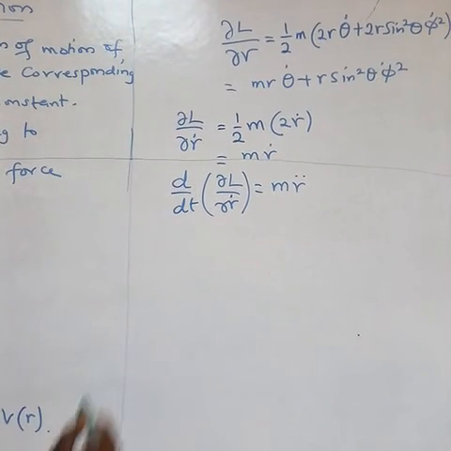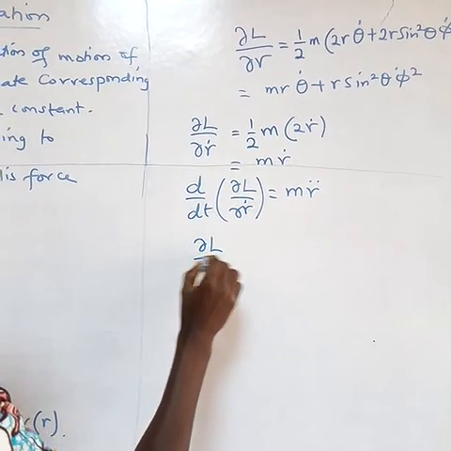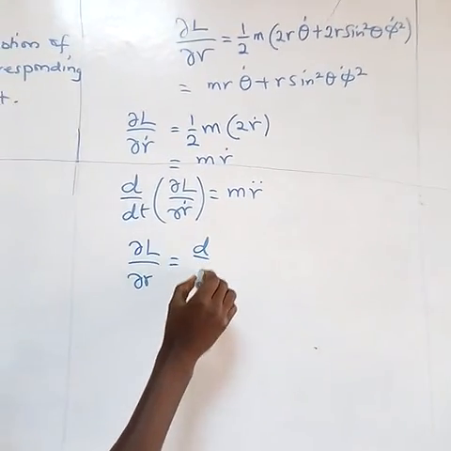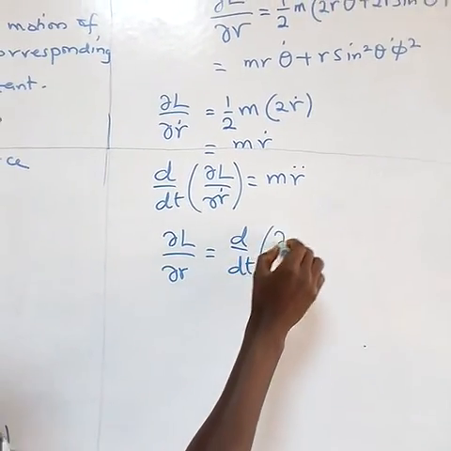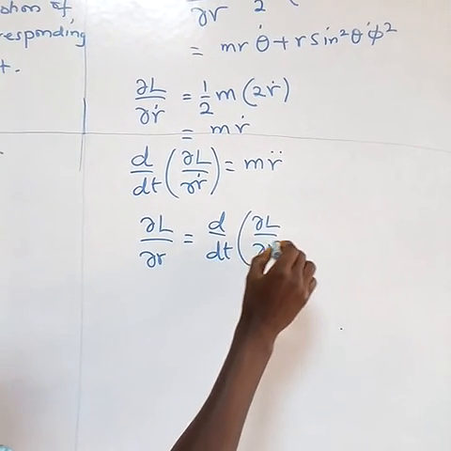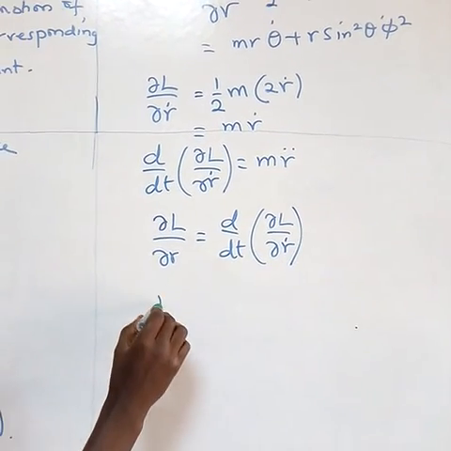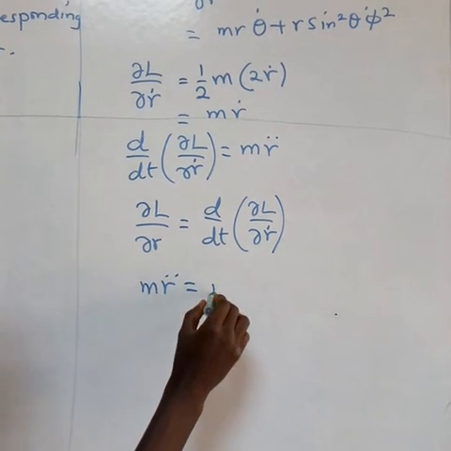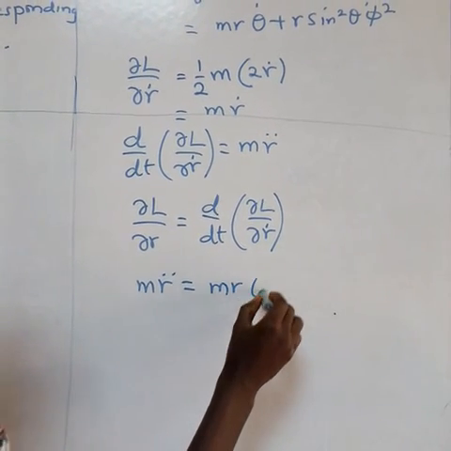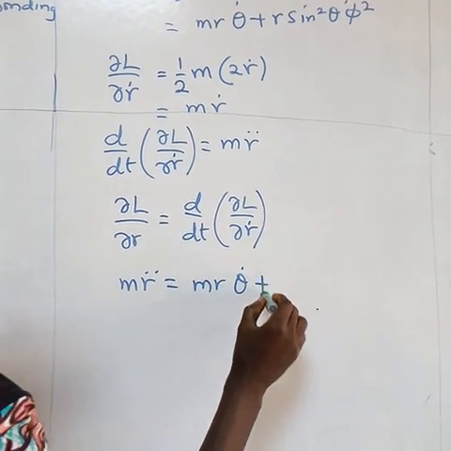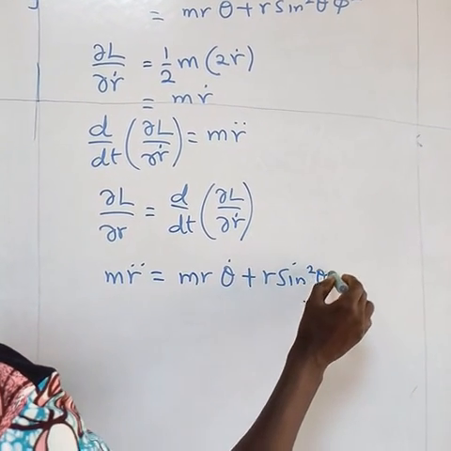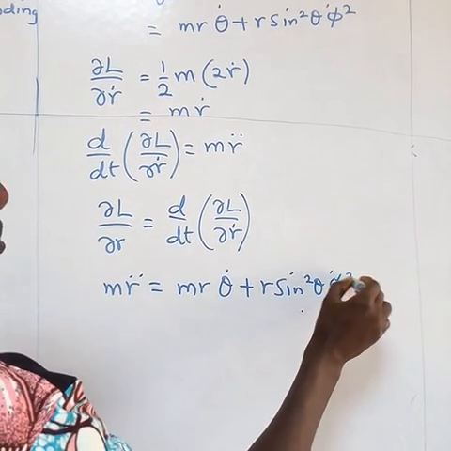Are we together? Since our partial of L by partial of r is equal to d dt partial of L by partial of r dot, our m r double dot will be the same thing as mr theta dot plus r sine squared theta phi dot squared.